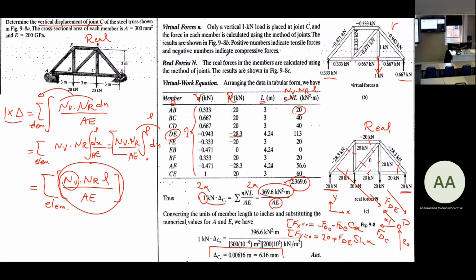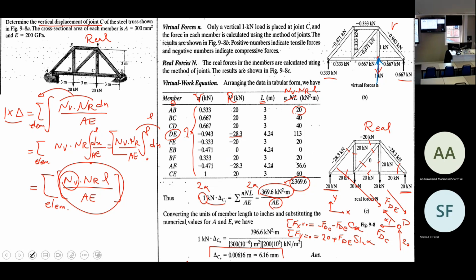I was free in the first place to put a force here like this. Okay? If I put the force like this, all of the virtual column will be vice versa. It will be negative, negative, negative, positive, positive, positive, negative, positive, negative. If I change that, all of this column will change.